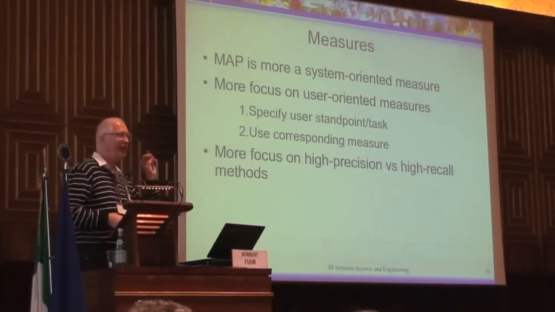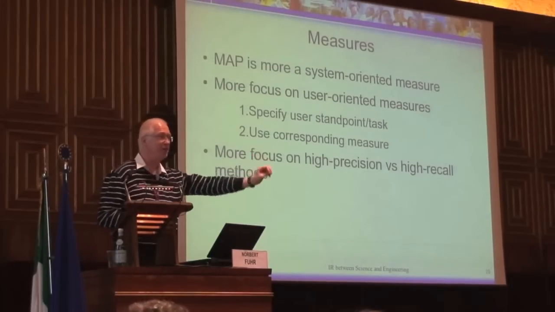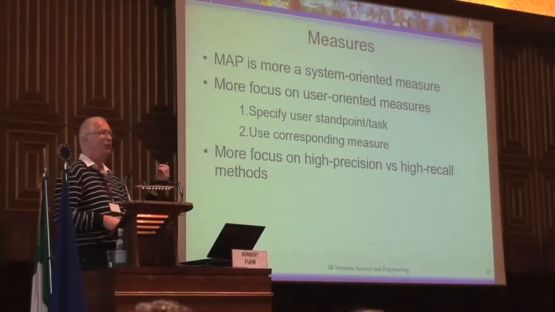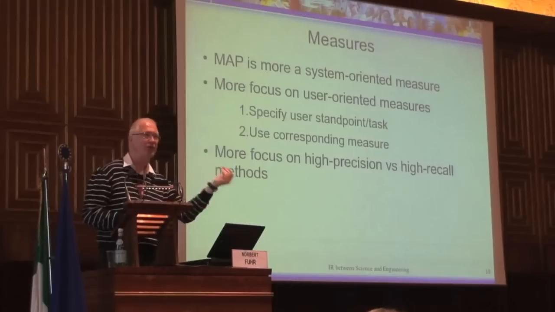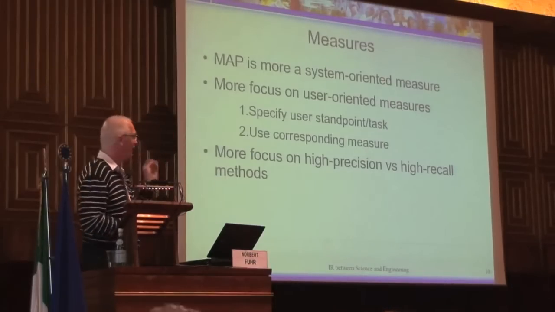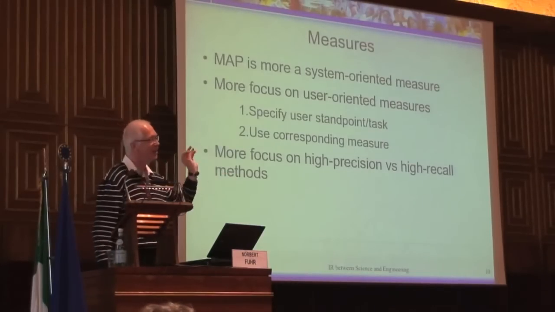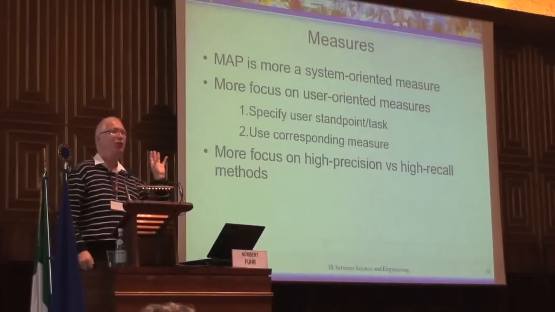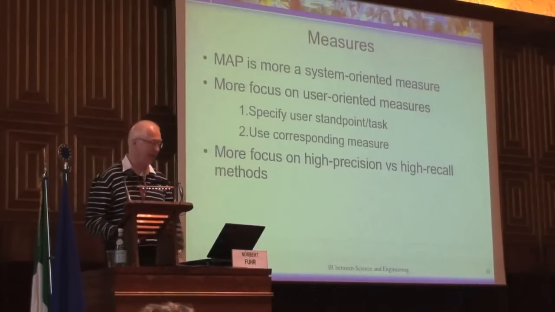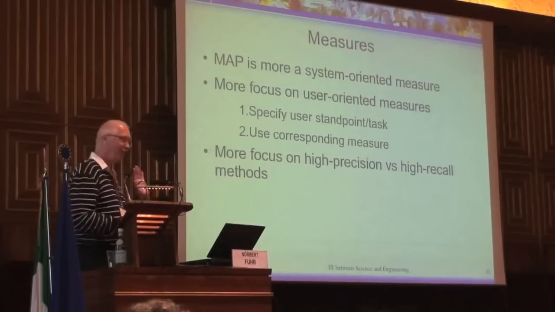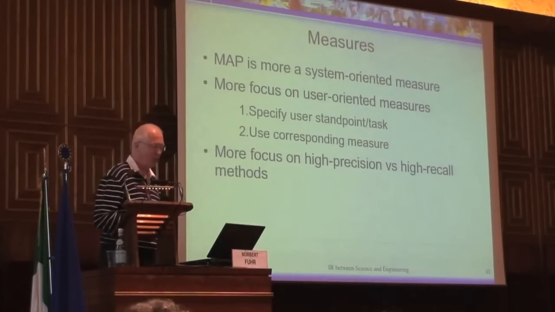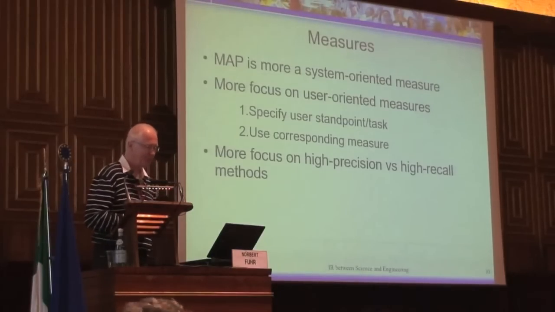And instead of regarding one single measure, mean average precision, we should try to develop a diversity of methods where, depending on the type of application, we can say, okay, this is a high precision application, we use method A, and if you need high recall, you should rather use method B, instead of following the approach one size fits all.